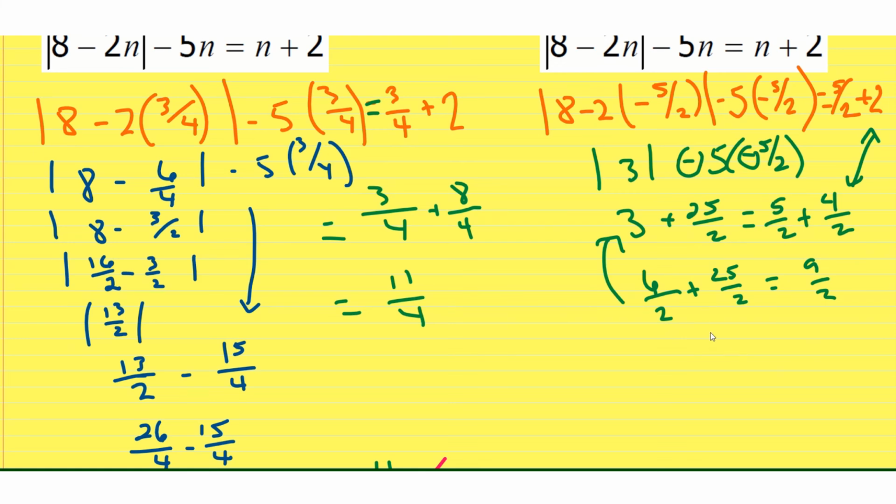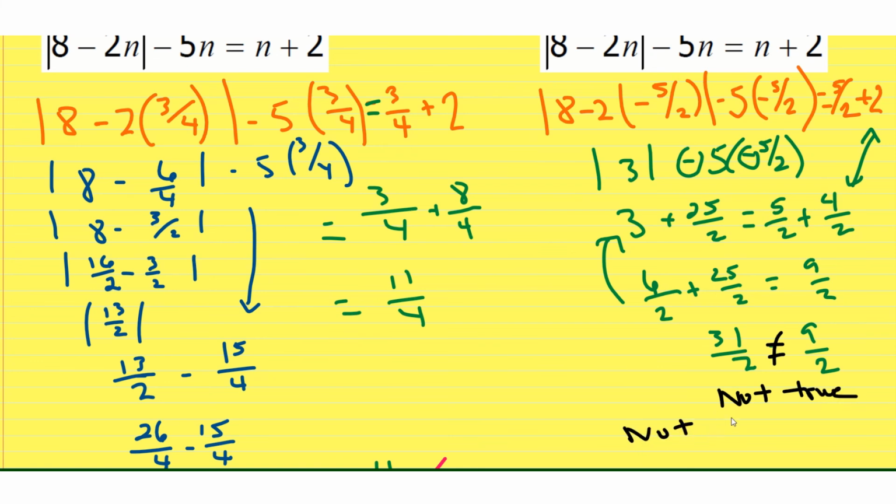And 6 plus 25, that's 31 halves is equal to 9 halves. Is that true? Absolutely not. It is not true. Not equal. So not true.